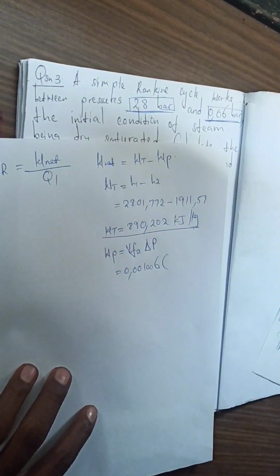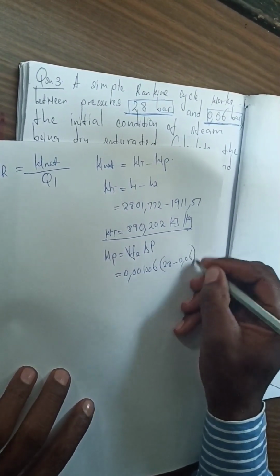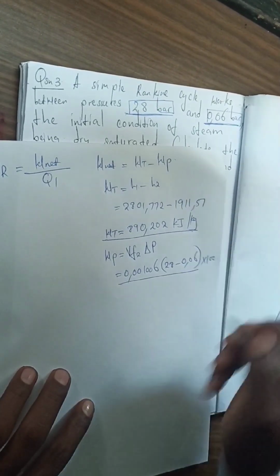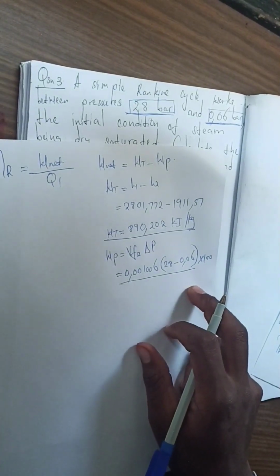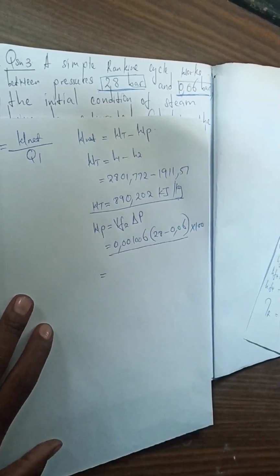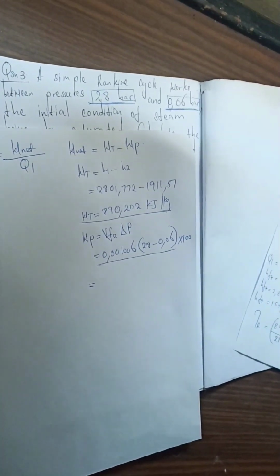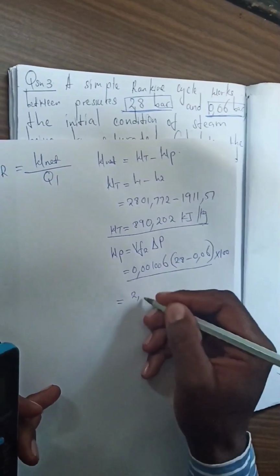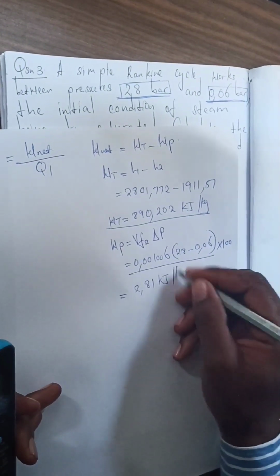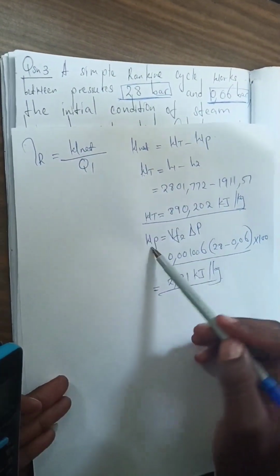Our change in pressure is pressure 1, which is 28, subtracted by pressure 2, which is 0.06. Then the answer we get here, we have to multiply by 100, so that our unit is going to be in kilojoules per kg. If we multiply it correctly, we are going to get 2.81 kilojoules per kg.